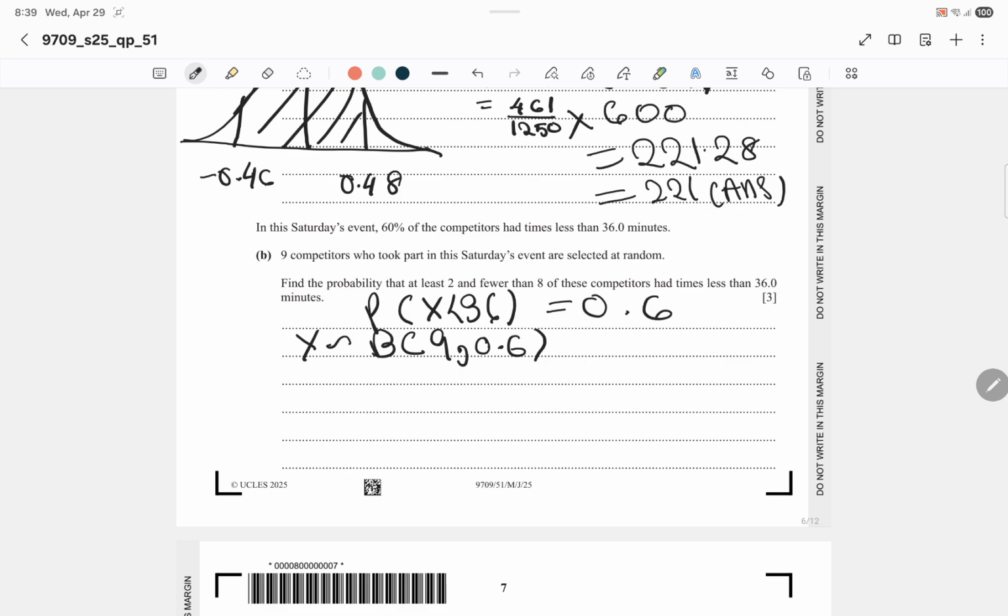Okay, so it says at least 2 and fewer than 8, right? So it can be 2 or 3 or 4 or 5 or 6 or 7. Okay, basically within these values. Okay, so how can we do that? It's basically this thing, right?